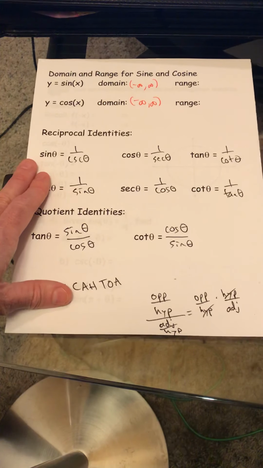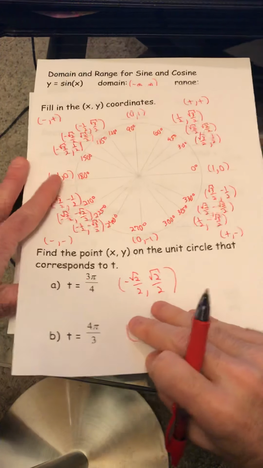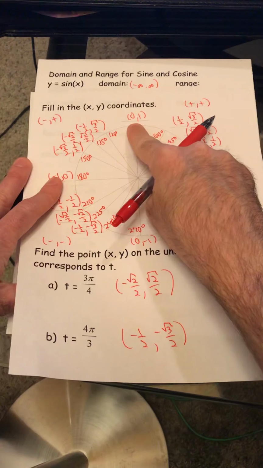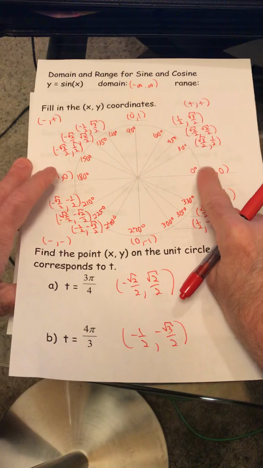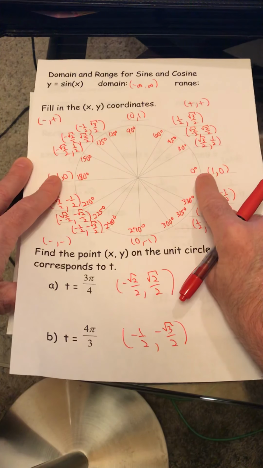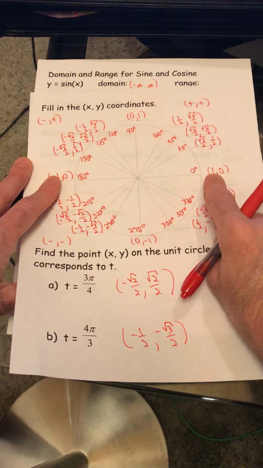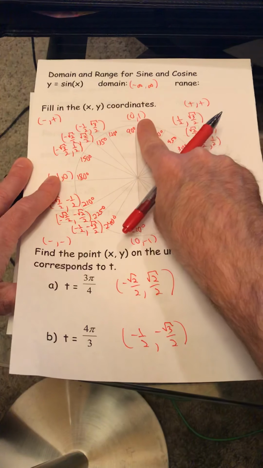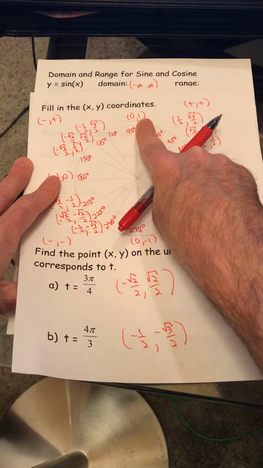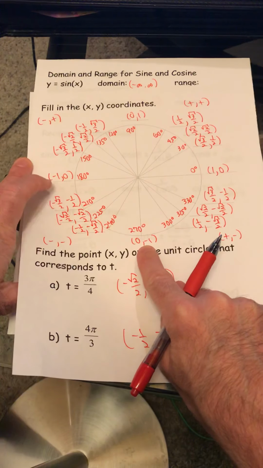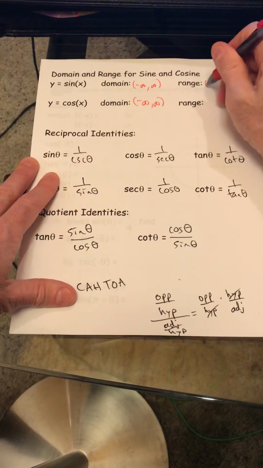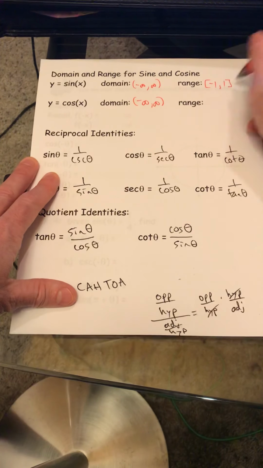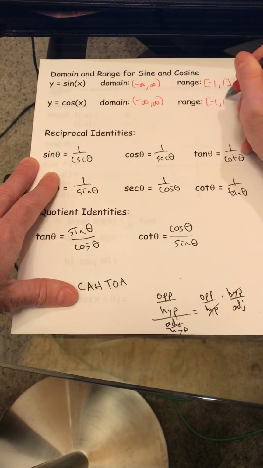Now your range on the unit circle, the maximum and minimum values, again, because remember, x is cosine, y is sine. Well, you never have a value larger than 1 or smaller than negative 1 anywhere on the unit circle. So your range for both sine and cosine are negative 1 to 1.